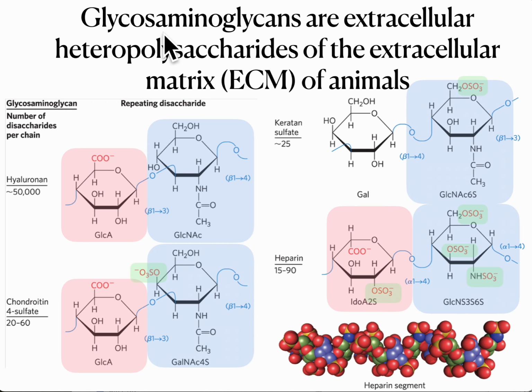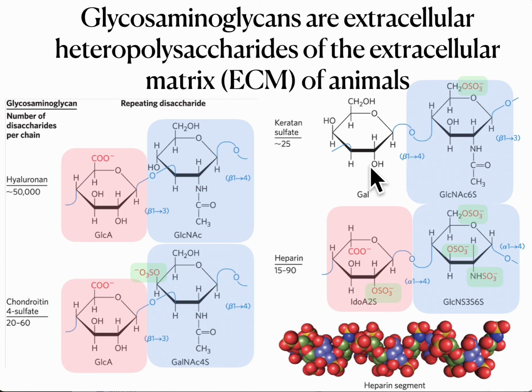Moving on to glycosaminoglycans, they exist in the extracellular matrix of animals, and they are made up of alternating uronic acid and amino sugar units in red and blue respectively. Keratin sulfate is an exception. It doesn't have uronic acid.